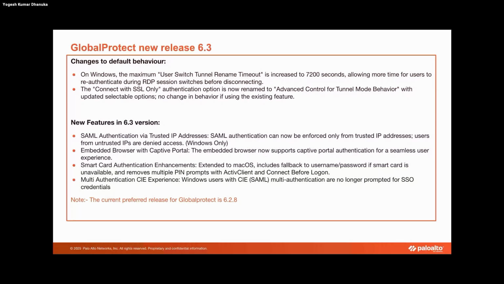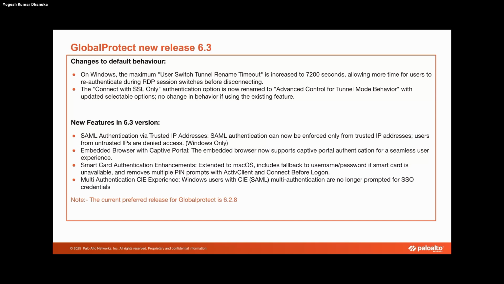The option to connect with SSL only has just been renamed. The functionality is still the same, but it has been renamed for advanced control for tunnel mode behavior, indicating that it's for tunnel mode, not for proxy mode.